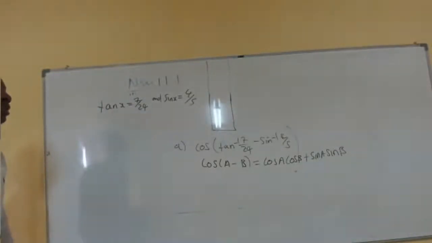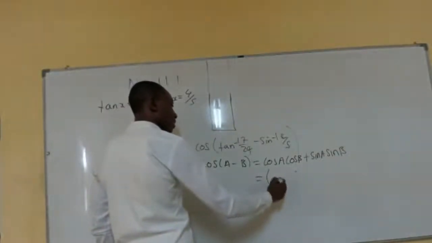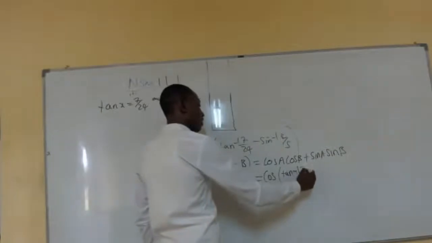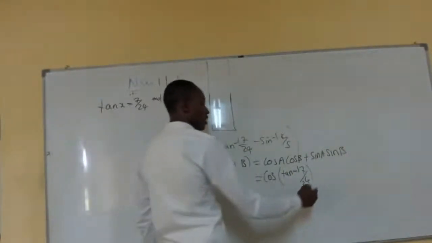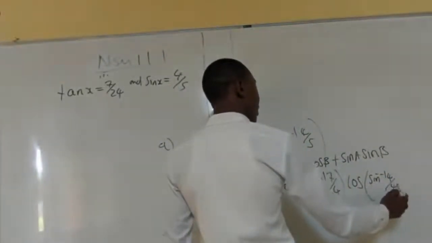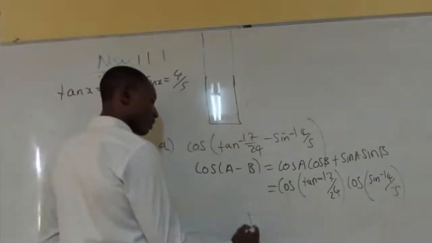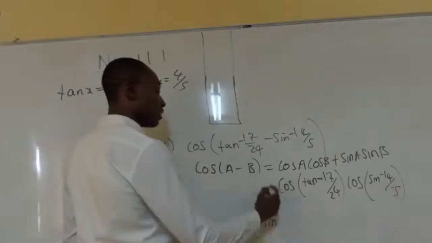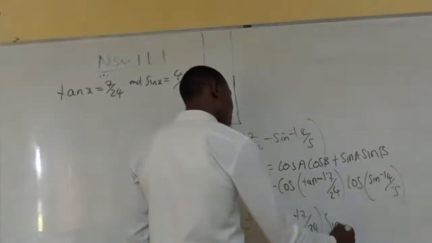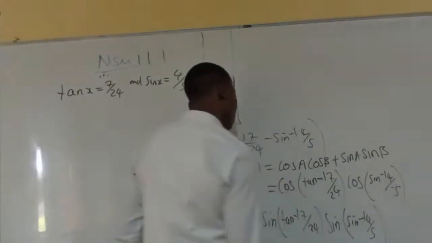So this can be written as cos of tan inverse of 7 over 24, then cos B, which is cos of sine inverse of 4 over 5, plus sine A, which is sine of tan inverse of 7 over 24, then sine B, sine of sine inverse of 4 over 5.